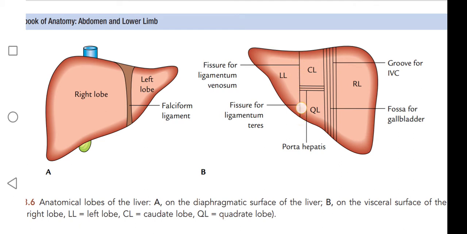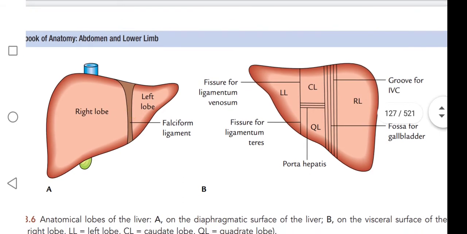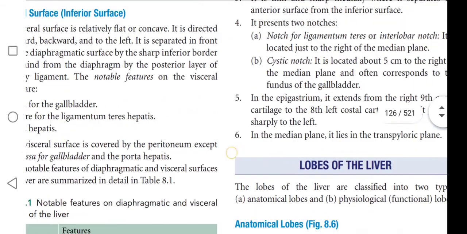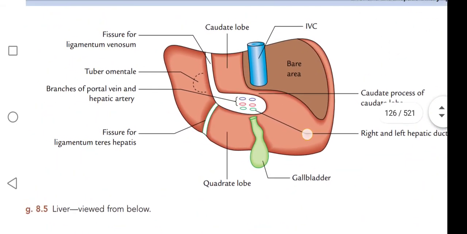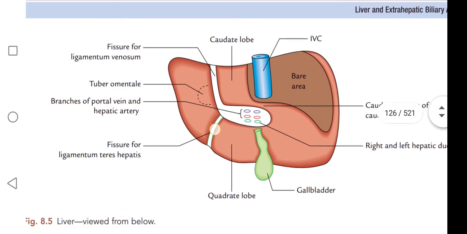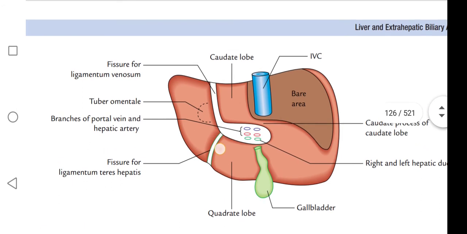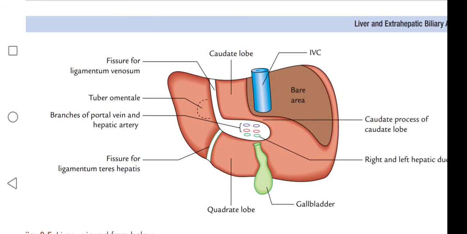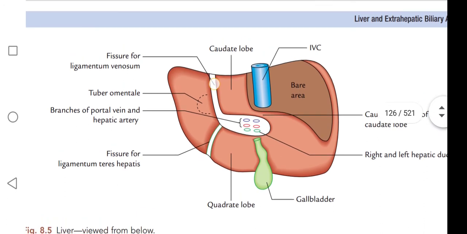Ligamentum venosum, ligamentum teres, falciform ligament. Here ligamentum teres is present, and this is the ligamentum venosum.